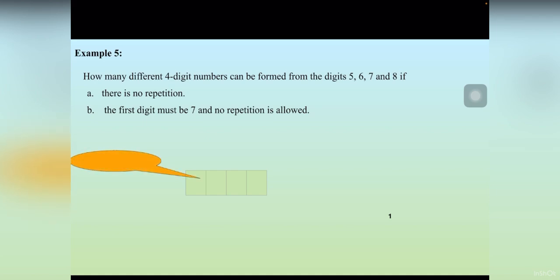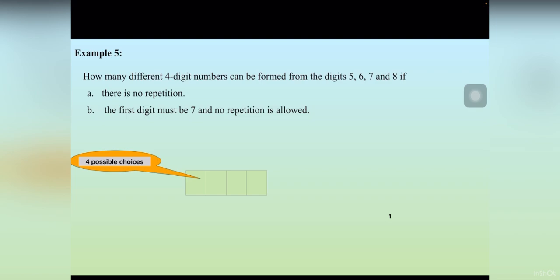To answer part A, we want to know how many different 4-digit numbers can be formed from 5, 6, 7, and 8. For the first box, we have 4 possible choices: 5, 6, 7, and 8.